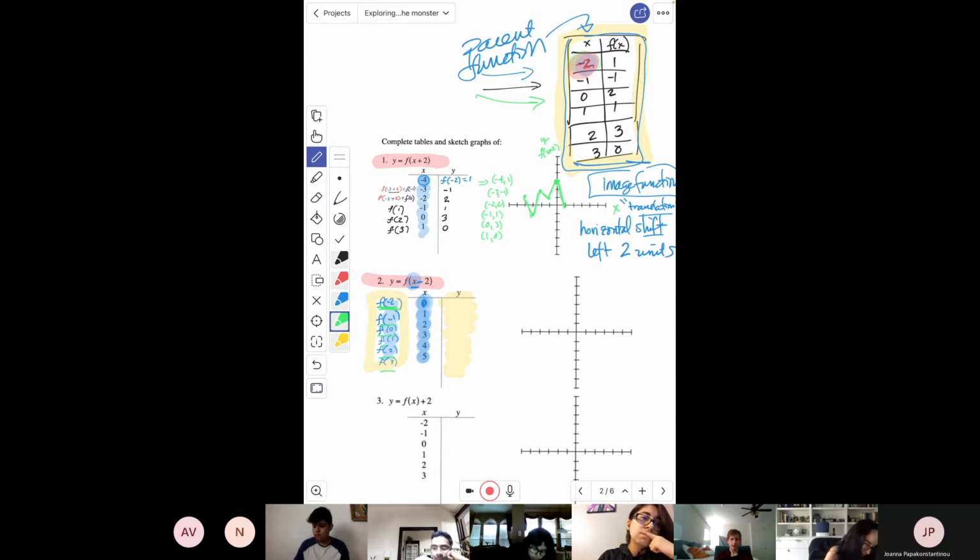1. Excellent. And what about the output for the next one? -1. Excellent. Keep going. 2. Mhm. The next one is 1, and the other one is 3, and the last one is 0. Excellent. So now I can rewrite these all as ordered pairs, right?